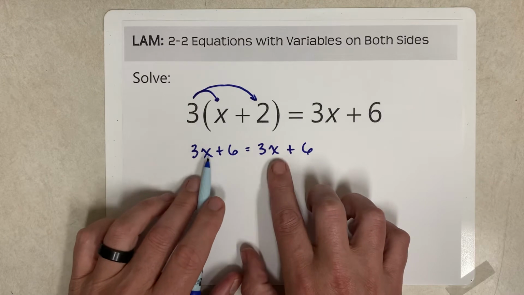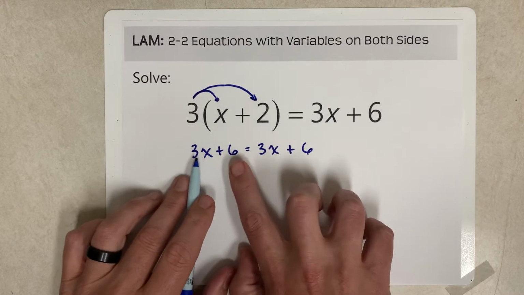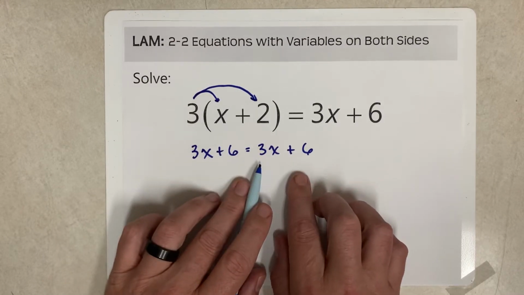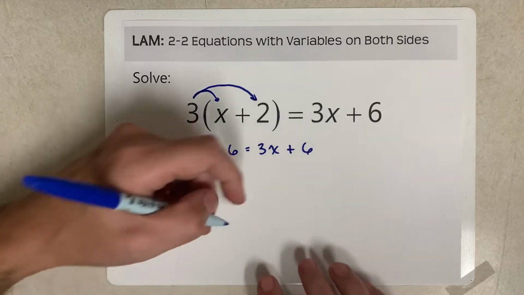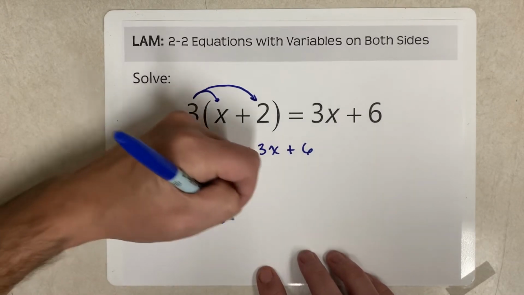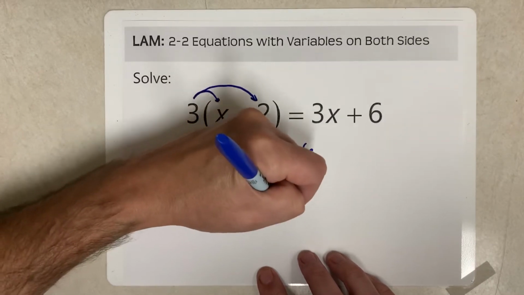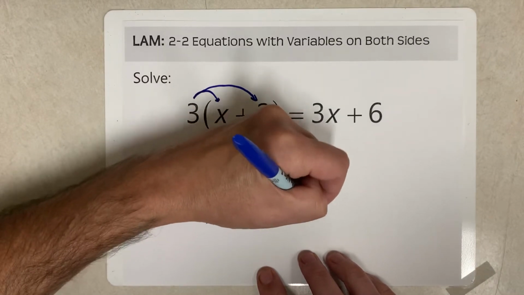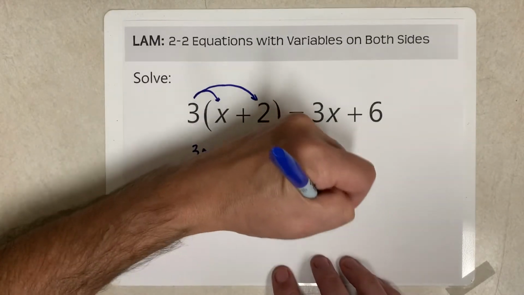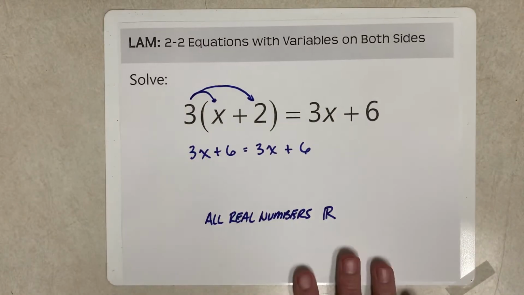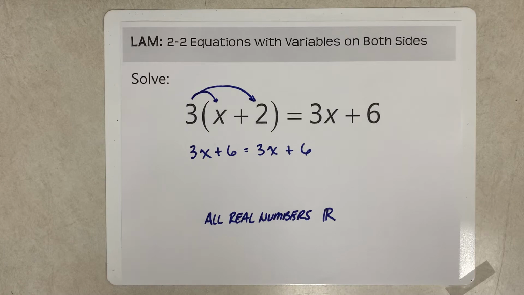So no matter what value I put in for x, it's always going to be true for the left side and the right side together. So since all numbers are true, my answer is all real numbers, because any real number will work. Or you can write the letter R there to stand for the set of real numbers. Either one is fine.